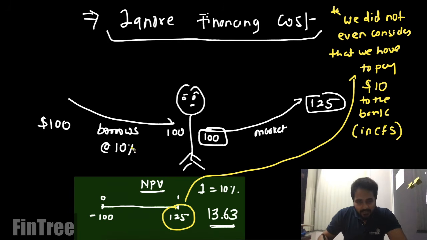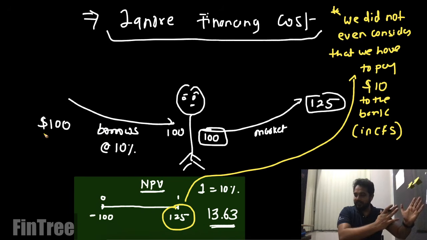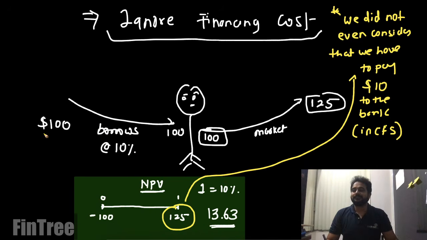Did you notice that we did not even look at this left side of it? We did not even say that that $10 should be deducted. Why did we not consider that?